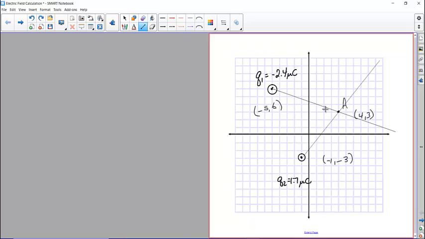Now, because we assume that there's a positive test charge at A, the electric field is going to be pointing upward to the left for this one, because the positive and negative charges attract each other. Whereas here, this is a positive charge, so the positive test charge is repelled by the actual positive charge. So in this case, the vector is going to go up in that direction.